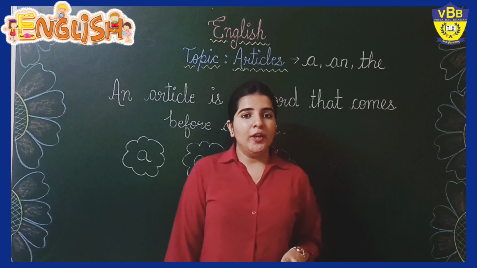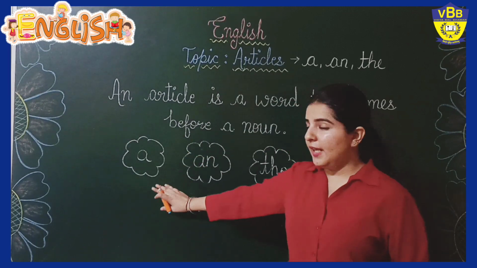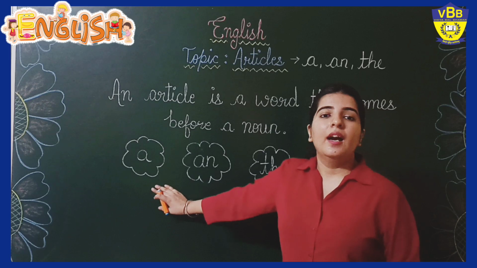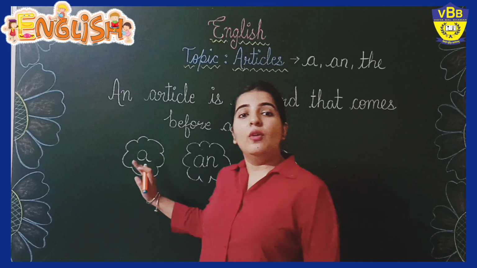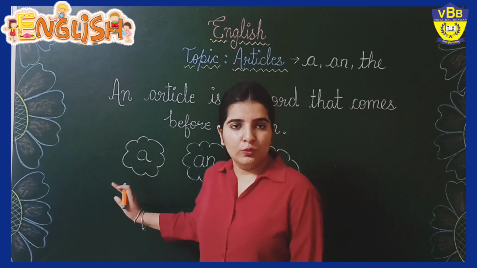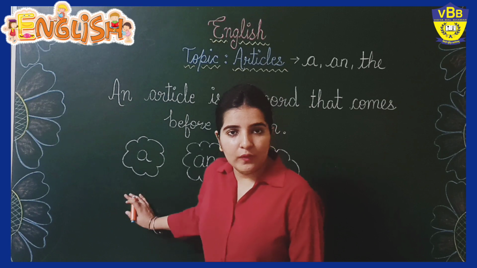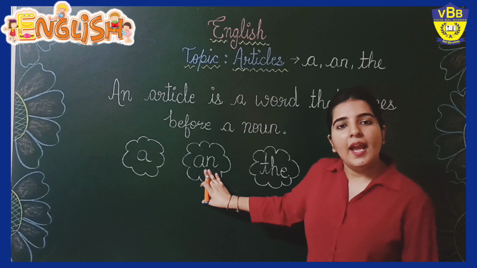Second point that we have learned was that the alphabets A, E, I, O, U are vowels, and with the vowels we use the article an.